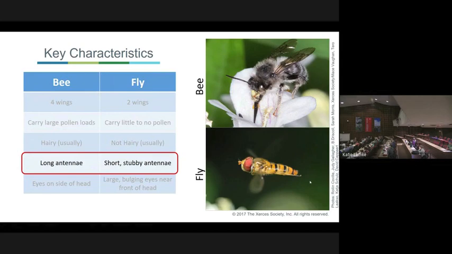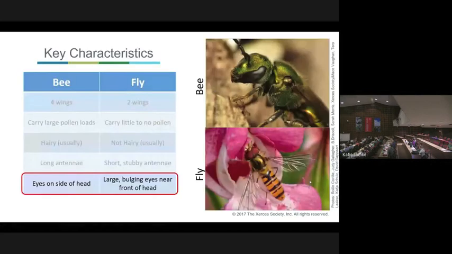And the last thing you can look at in the field is its eyes. Bees have 2 compound eyes that tend to sit on the side of their head. And flies have those very cartoony, buggy fly eyes, right? They're huge, they're bulgy, and they usually meet at the top of their head. Those 2 eyes almost connect there, and bees' eyes are sitting on the side.